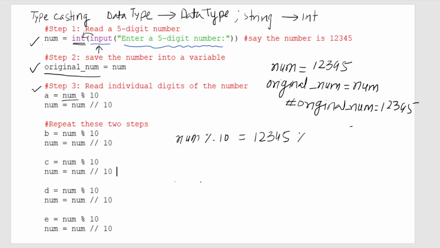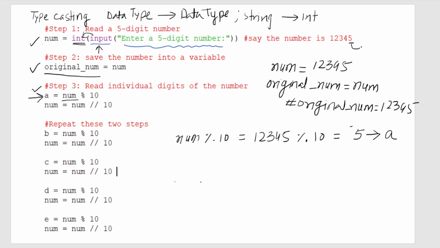When we divide 1 2 3 4 5 by 10, the remainder is 5, and we are assigning this 5 to the variable called a. So we extracted the last digit, that is 5, the unit place, into a variable called a.